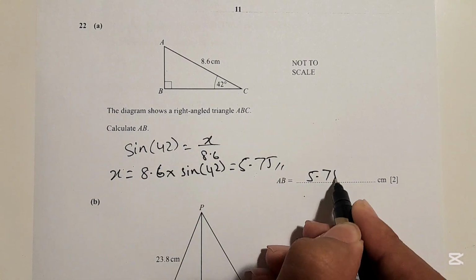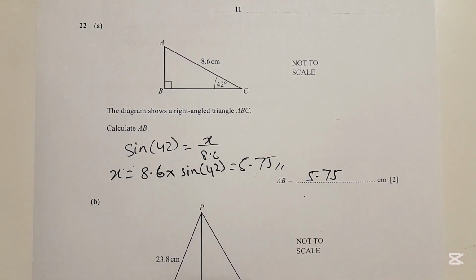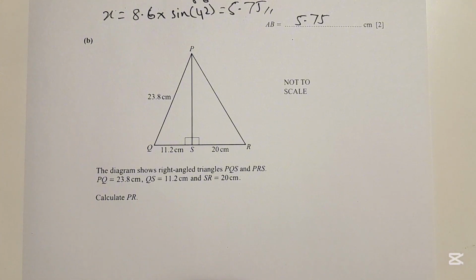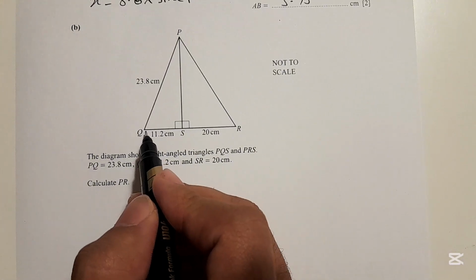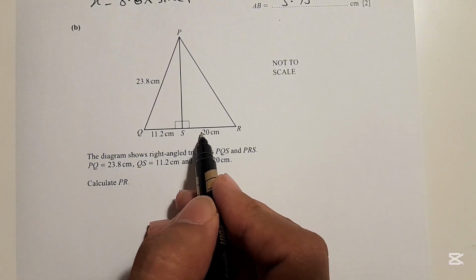5.75 centimeter. Part B states the diagram shows the right angle triangles PQS and PRS. PQ is 23.8 and QS is 11.2 and SR is 20 centimeter. Calculate PR. So now we have the lengths.